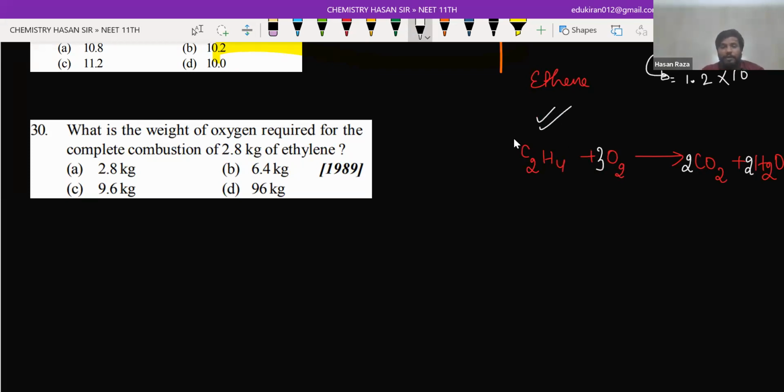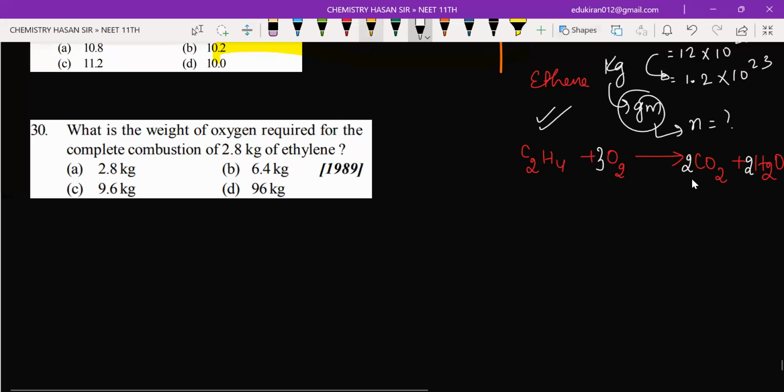Mass is given. If it is given in kg, convert that into gram and then calculate number of moles and then compare it. This is a good question of stoichiometry.